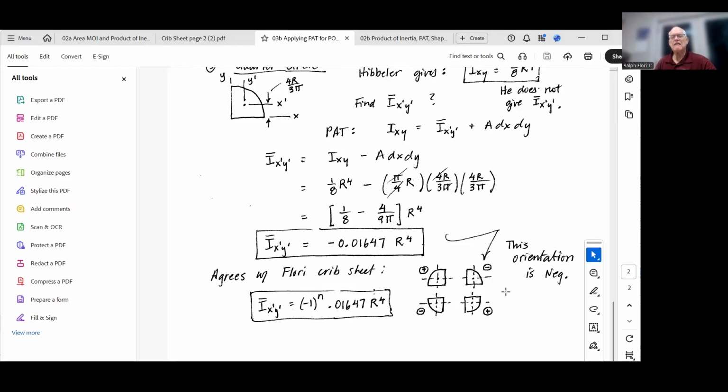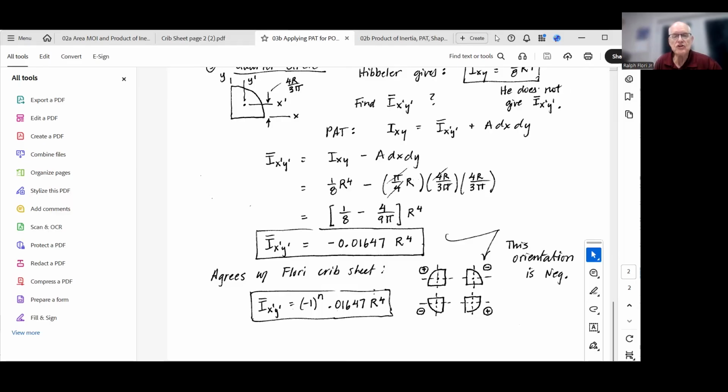So again, this exercise just builds your muscles in terms of using the parallel axis theorem. It also familiarizes us with my formulas on my crib sheet and also Hibbeler's formulas on his crib sheet. So you know the pieces that you have to work with when we get to composite area problems.